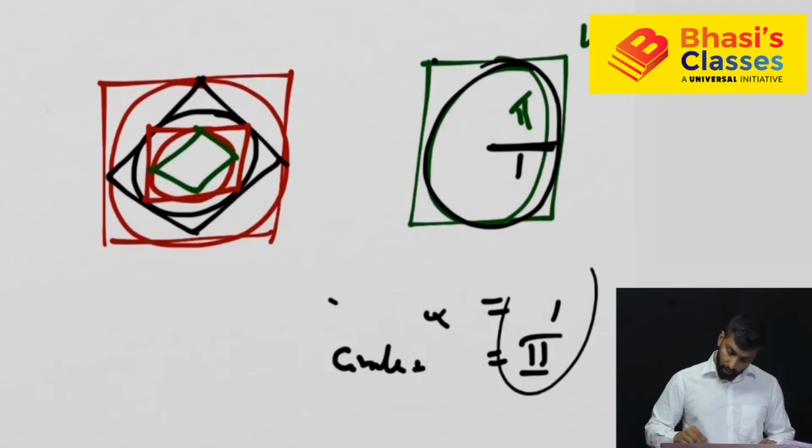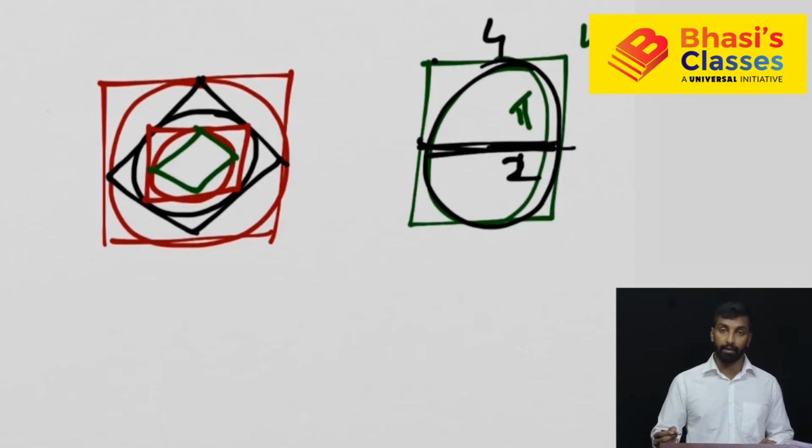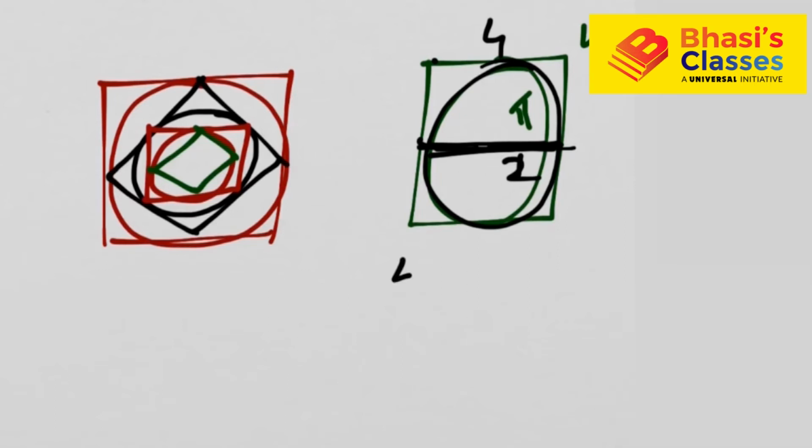Now whatever you put for r or the side, the side will be twice of r, right? If you put 2 here, the side becomes 4, because that becomes the diameter. Side is the diameter. So the diameter and the side are actually the same. So the ratio will always remain 4 to pi, whatever be the value.